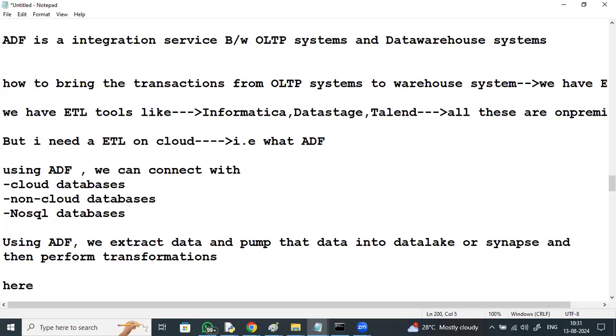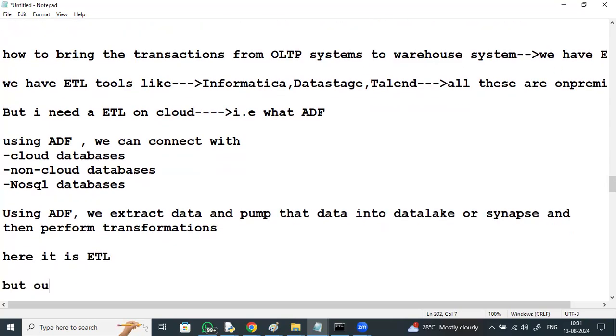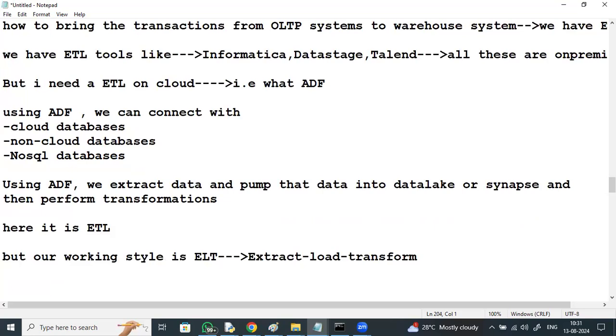It is ETL, but our working style is ELT: extract, load, transform. ADF extracts data and pumps it to the data lake, which means loading, and later transforms. So when to go for ETL?